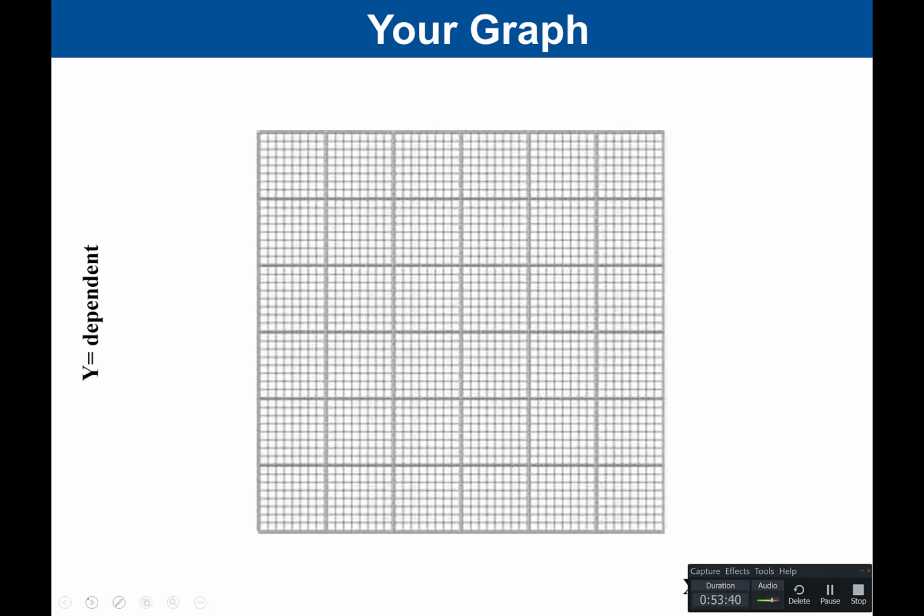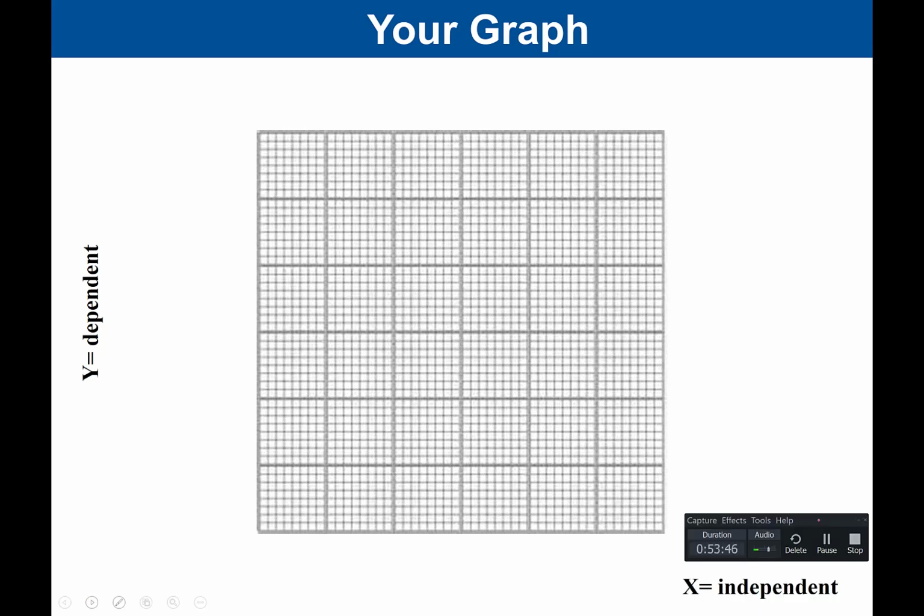So again, on your x-axis needs to be your independent variable. My x-axis is going to be my independent variable. My y-axis is going to be my dependent variable. And so in my graph, I'm graphing average hand length and gender. So does average hand length depend on gender?